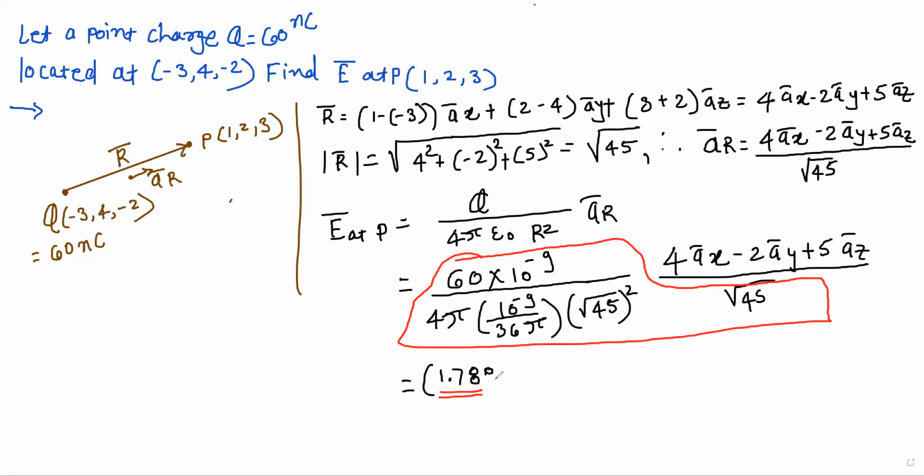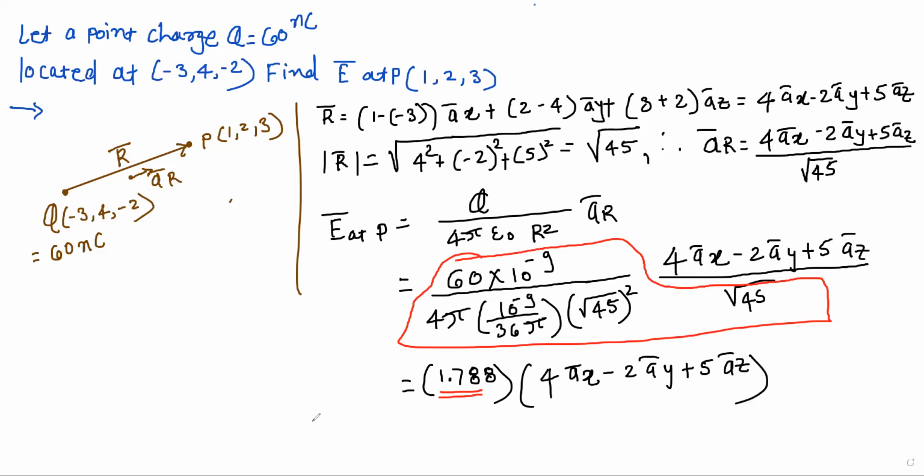This is the value, and we have the vector as it is: 4 a bar X minus 2 a bar Y plus 5 a bar Z. Now you can multiply this constant with the vector.